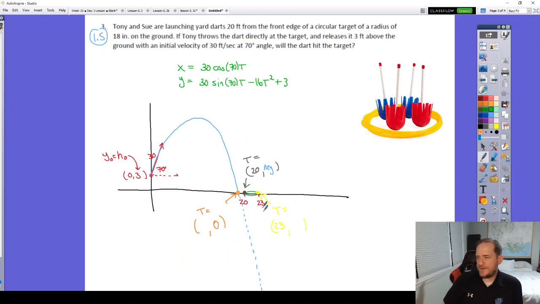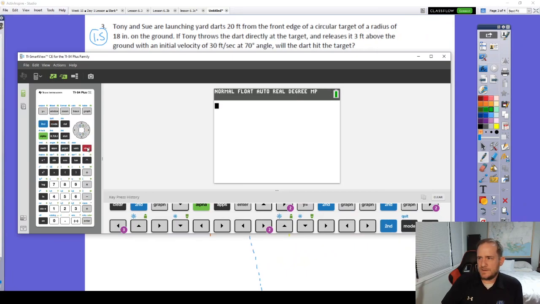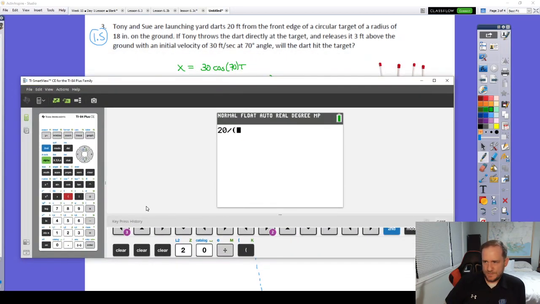So 30 cosine 70, we can go to our calculator, quit, clear. Let's do the easy way first. If we were trying to figure out the time when x was 20, then we would just do 20 divided by the 30 cosine 70, remember?